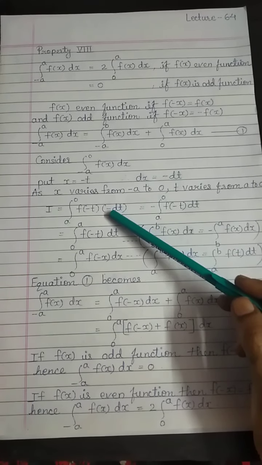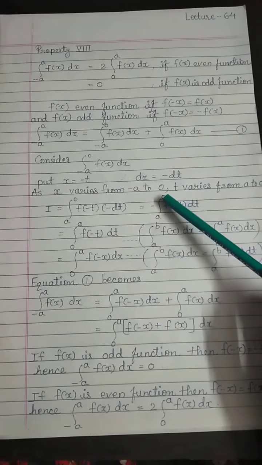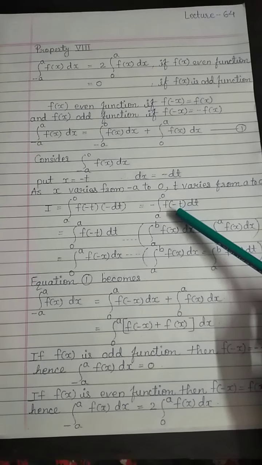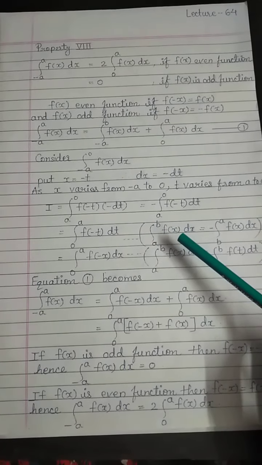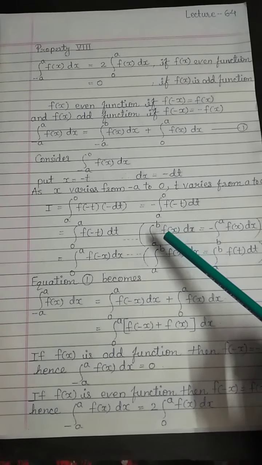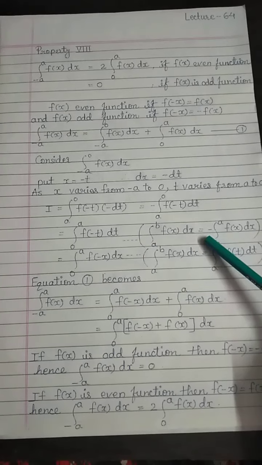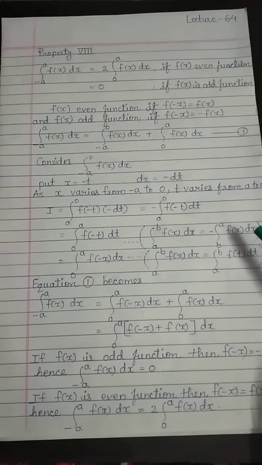Now this negative sign we can write outside the integration. So minus of integration from a to 0 of f of minus t dt. Now we know one small property, that integration from a to b of f of x dx we can write as minus of integration from b to a of f of x dx.